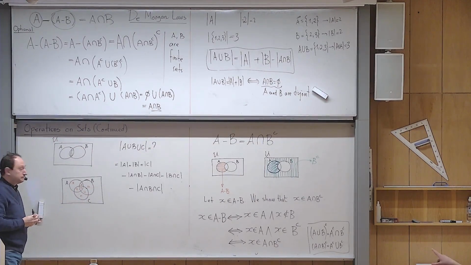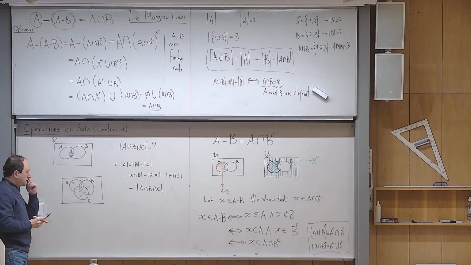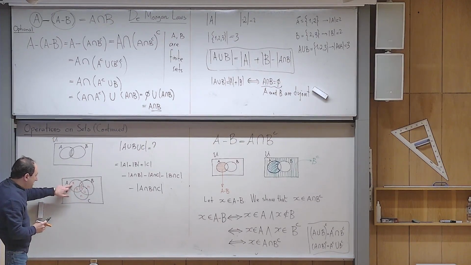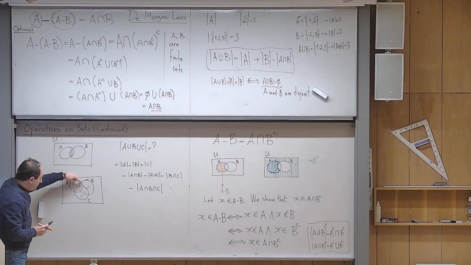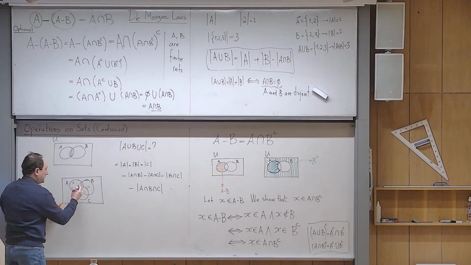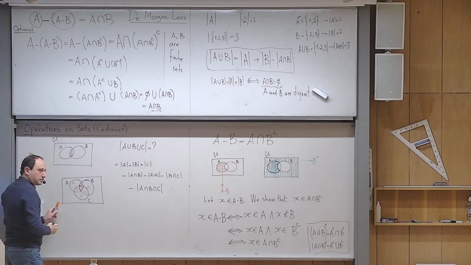Maybe you don't need the last one. So here, I want to find the sum of all of them. Let us check your formula, okay? By X, I mean the number of elements in this part. By Y, I mean the number of elements in this part. By Z, I mean the number of elements in this part, and so on.